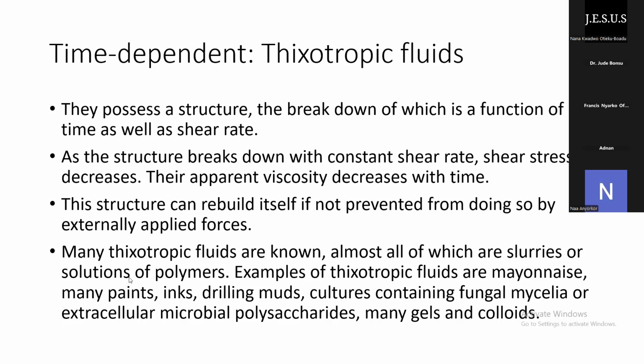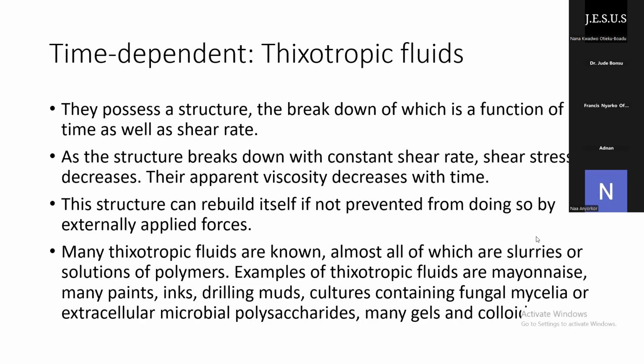So thixotropic fluids are a type of fluid in which the viscosity decreases with time. Decreasing with time means that when the shear stress is removed, the viscosity tends to decrease as time moves on. Examples of such fluids are mayonnaise and many paints.